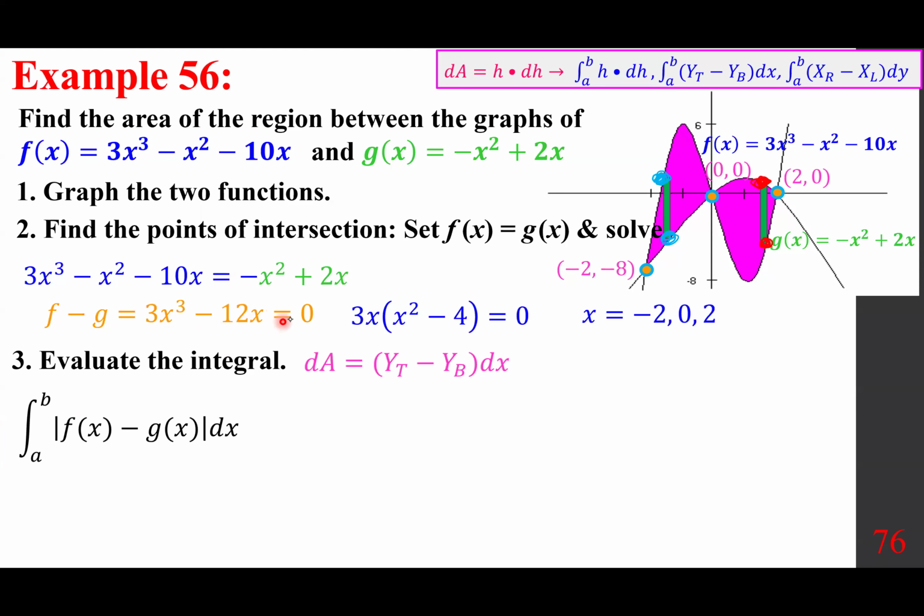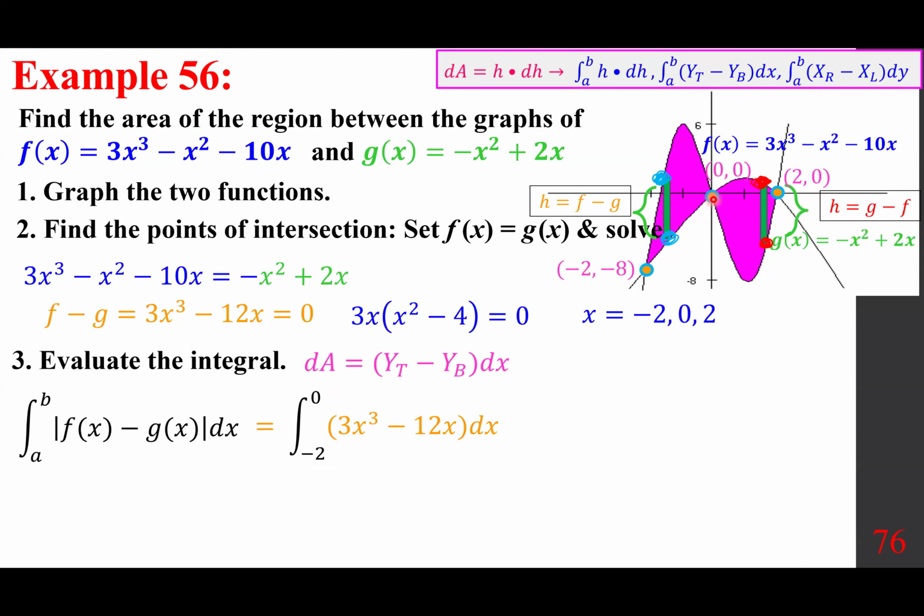F minus g is used for here. So look at this, and we're going to use the absolute value here. That's the concept, because we want the area. This is f minus g, which is this function, 3x cubed minus 12x dx. We worked it out. But this one is g minus f, so it's the opposite of that, minus 3x cubed plus 12x. In this case, we are going from this point to this point. That's why we go from -2 to 0.